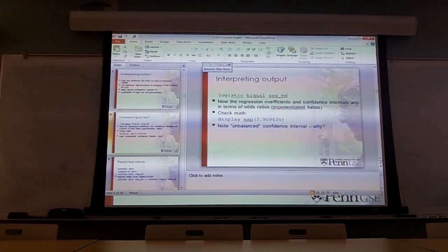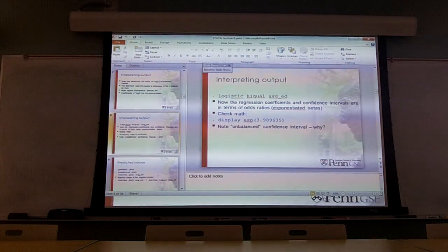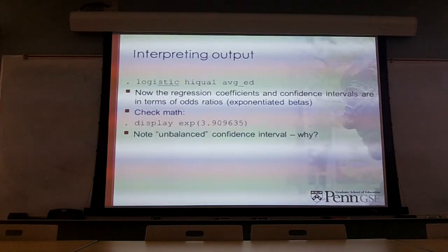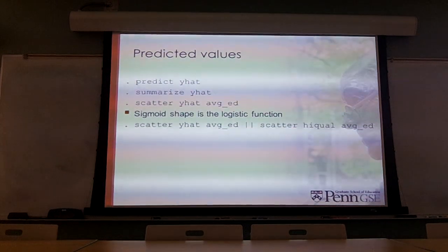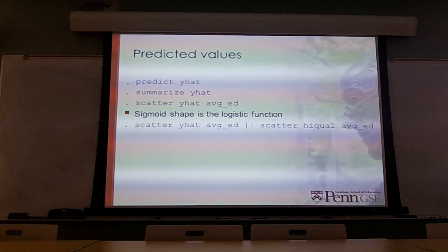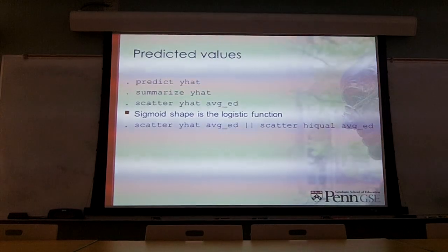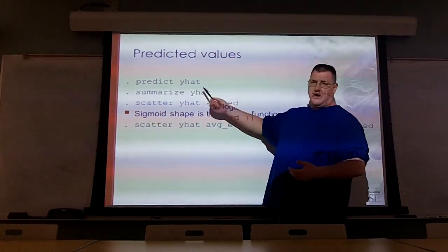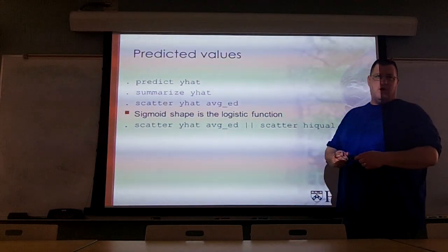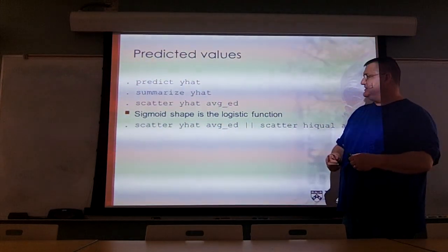What do we want to talk about next? Okay. So when we did regression before, we had all of these kinds of post-estimation commands, and one thing that we could do is we could predict the y-hat, right? So the y-hat, what do you think the y-hat's going to give us in this case?